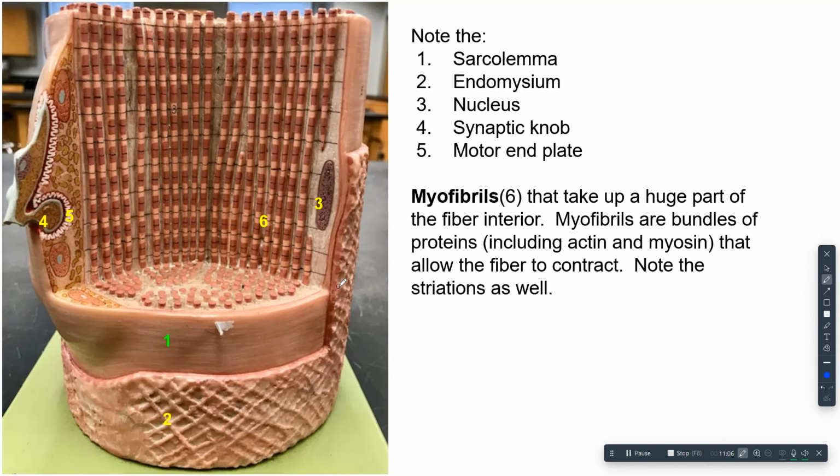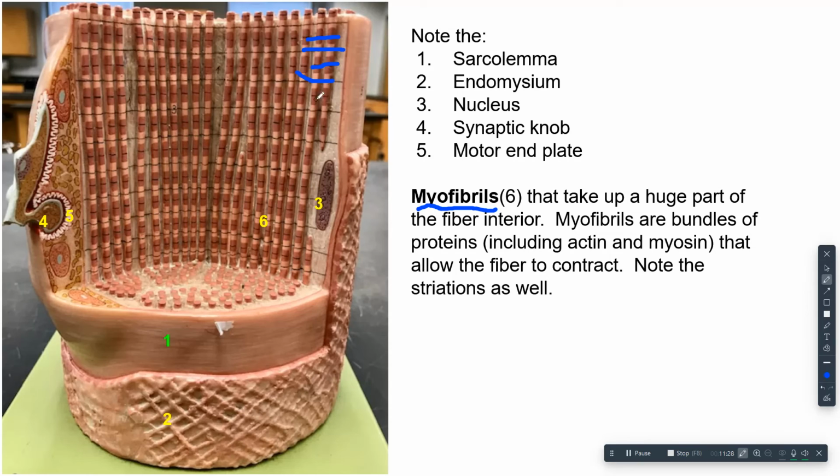But now, interestingly, I see all these cylinders in here. Now, these cylinders are called myofibrils. Notice that in the cylinders, I got dark pink, light pink, dark pink, light pink. So these are also responsible for the stripes, for the striations that I saw earlier.